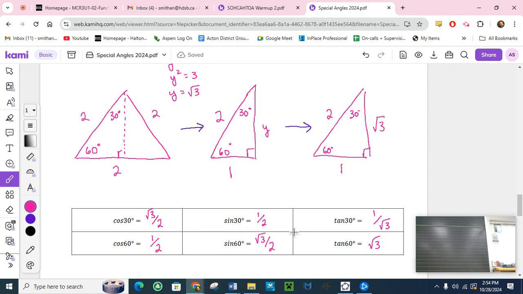That's 60, that's 30, and that's 1, right? And then you would use Pythagorean theorem, and that would give you the root 3, and then you just read them from the diagram. Sine of 60 is opposite root 3 over 2. Okay? And part of your task is you guys are actually going to redraw these special triangles and summarize those special angles so that when you're studying later, you have something to go back to.